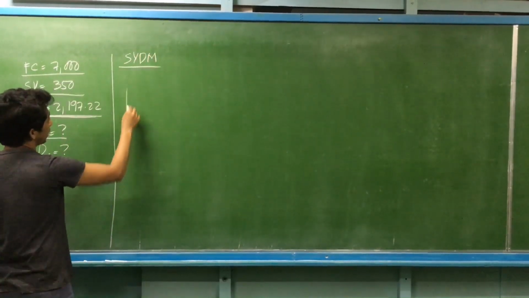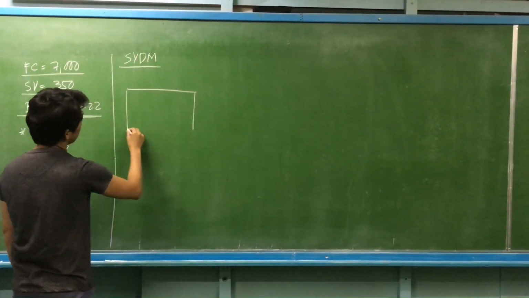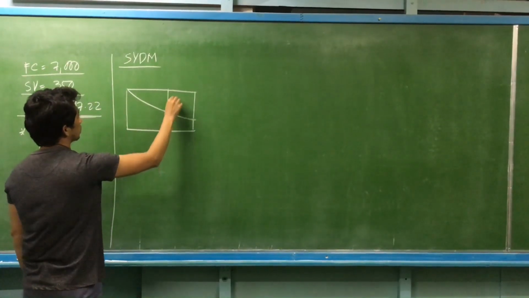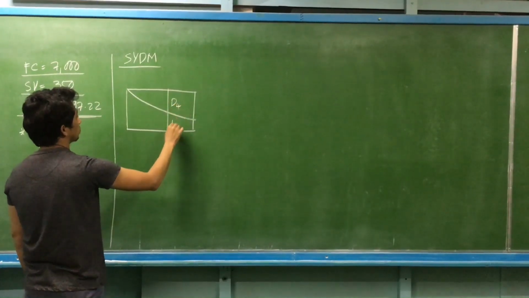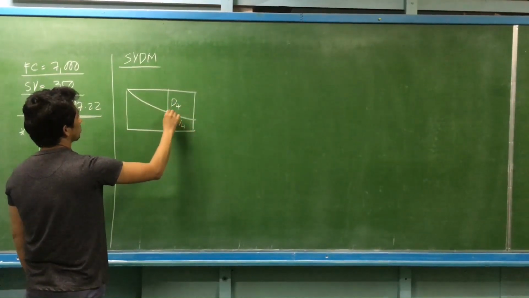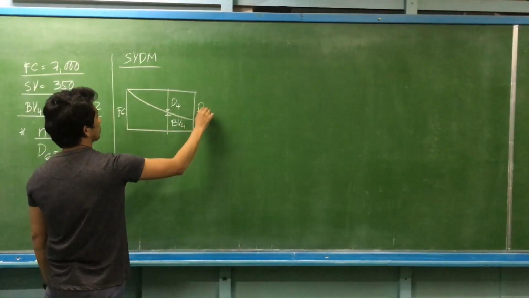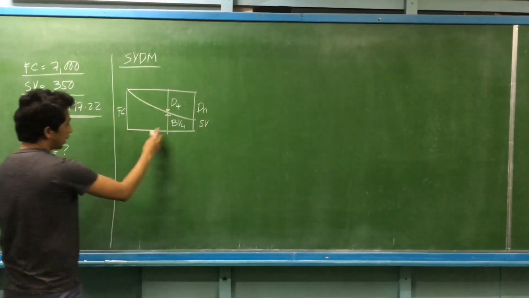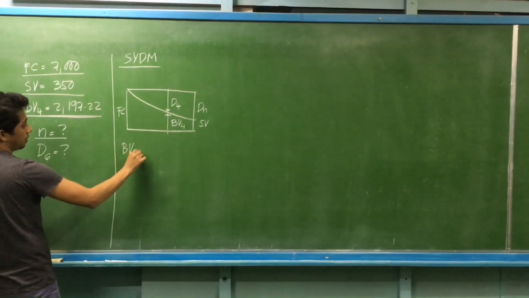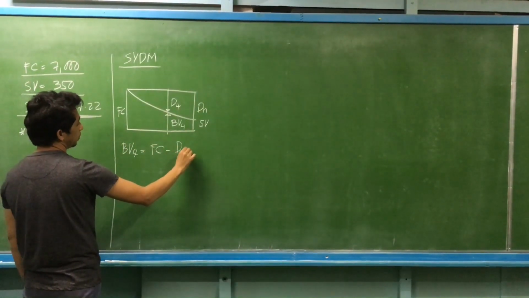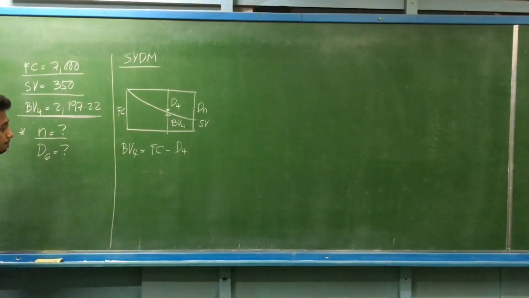Kung babalikan natin yung diagram, para makuha yung given na ito, yung book value number 4 is equal sa first cost minus the L sub 4. So, paano ba kumuha ng depreciation using SYDM?